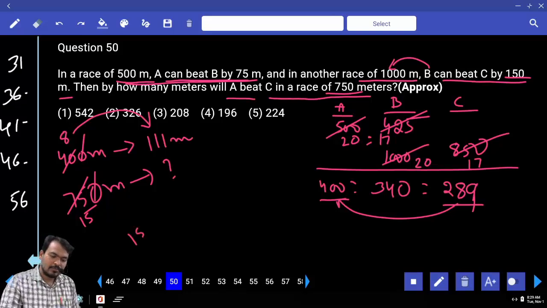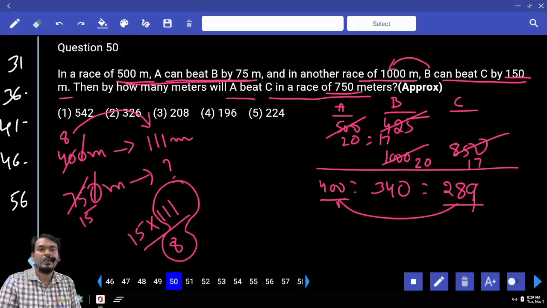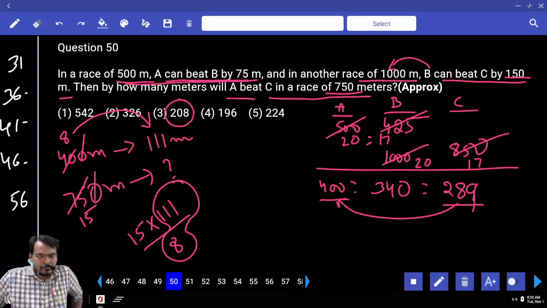Actually we wrote 15 into 111 by 800, but I took 111 divided by 8. 111 by 8 is almost 14 times. Then the answer is 15 into 14, which is 210. That is the nearby answer, 210. Among the options, only one is near that. This is the general ratio method.